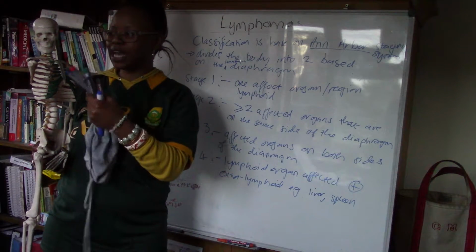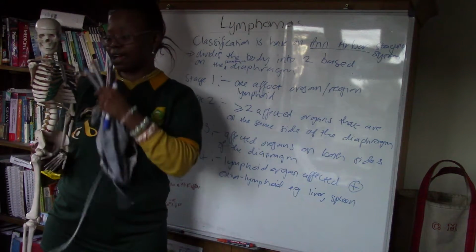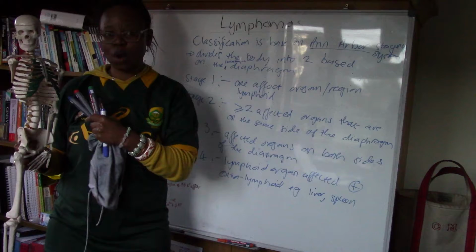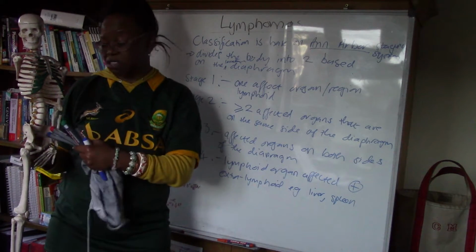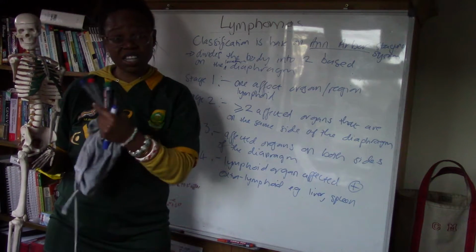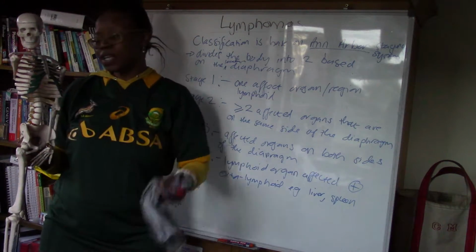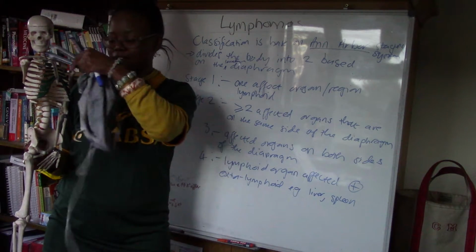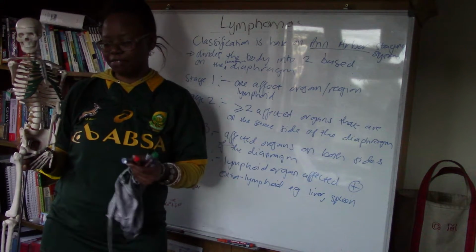Stage 2, it can either perhaps be cervical and supraclavicular, or cervical and axilla. It's still stage 2. It's in one part. Similarly, it can perhaps be inguinal and gonadal. It's still stage 2 because it's still on the same side. Stage 3, it's if you have, say, supraclavicular and inguinal, because both sides of the diaphragm are affected.